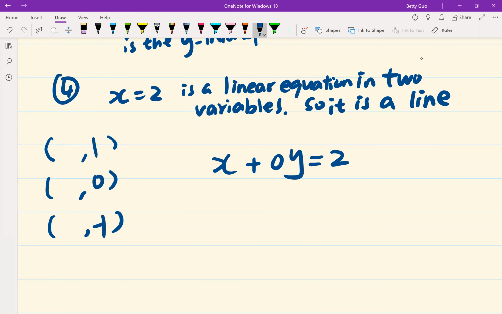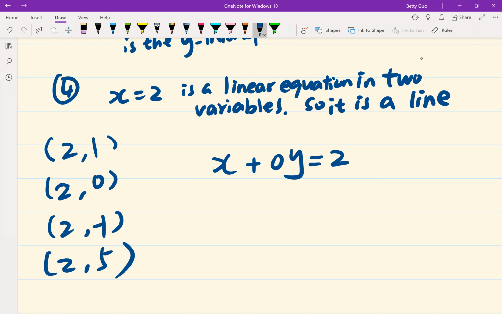Doesn't matter. So for example, we let y be 1, then x is always 2. I hope you can see this. No matter what value y is equal to, the value of x is always 2. You can let y be 5 or 10.